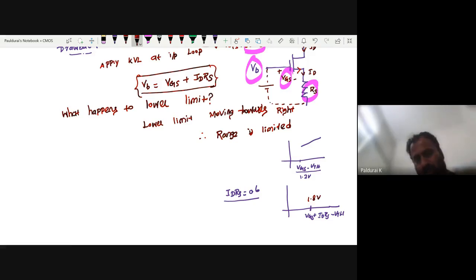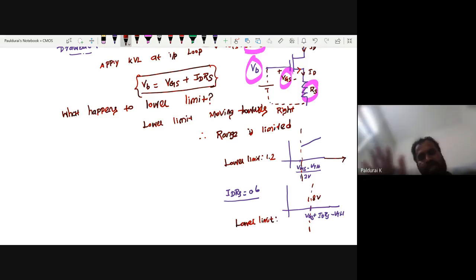So the range would have been from here to here, but this time, what was my lower limit? The lower limit is 1.2. So here the lower limit, just for our understanding, to illustrate, I have taken some numerical 1.8.